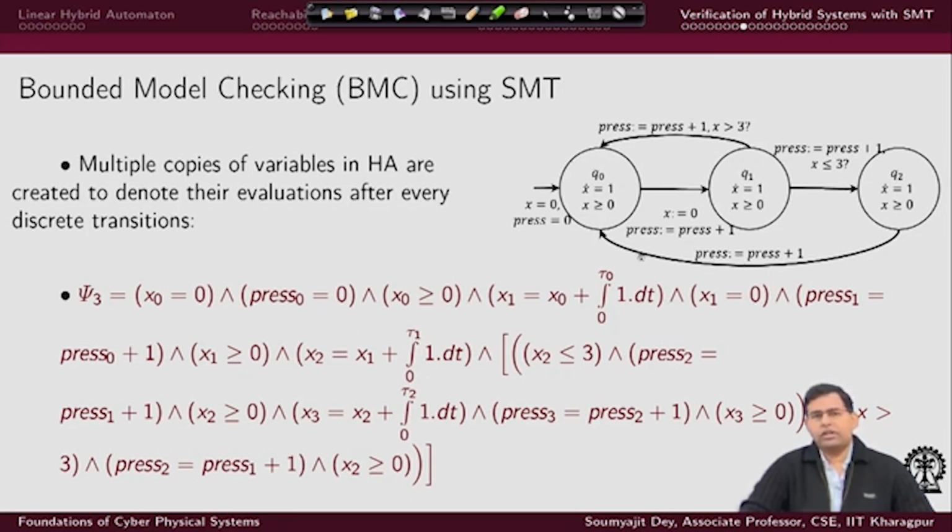Because whenever I am taking a path, the corresponding variables will need to satisfy the constraints on the path, and those things I can just model using these linear inequalities over the real variables, right.